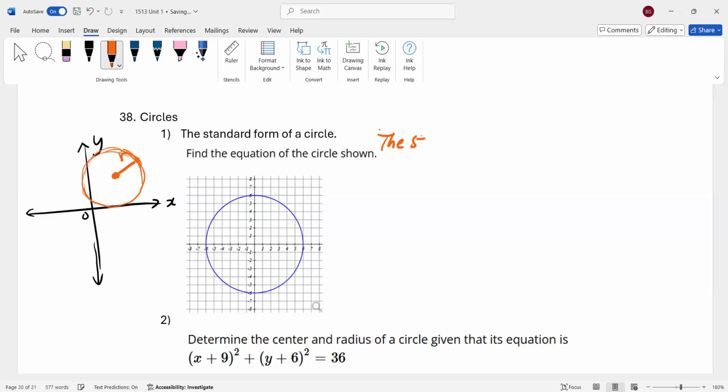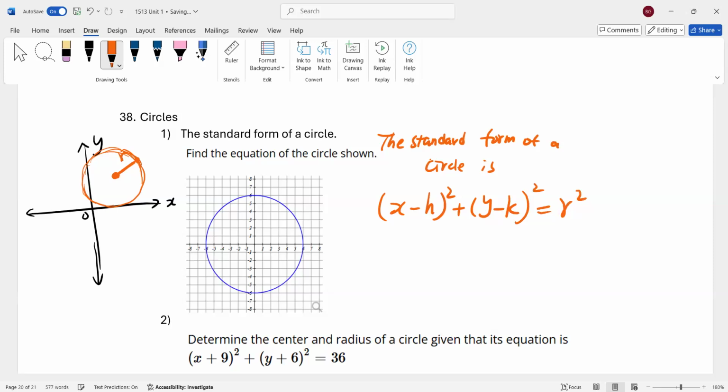The standard form of a circle is (x minus h) squared plus (y minus k) squared equals r squared. You need to memorize this equation. For that 1 question in the exam, all it takes is to remember this formula. This equation is the standard form of a circle.